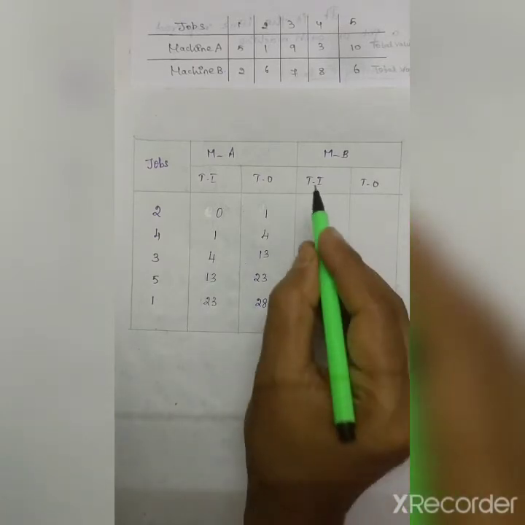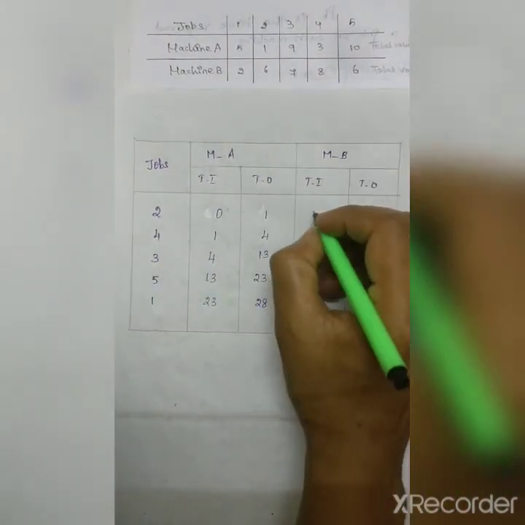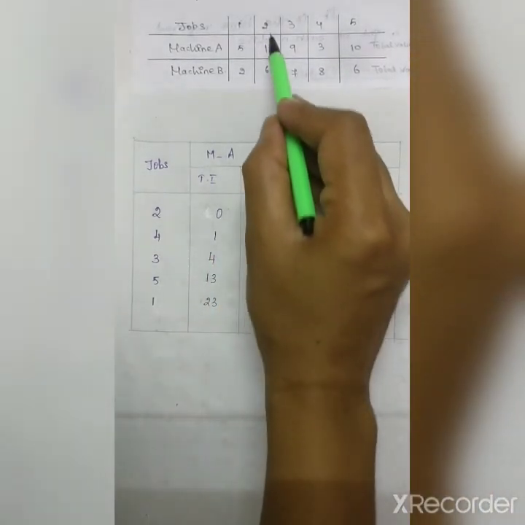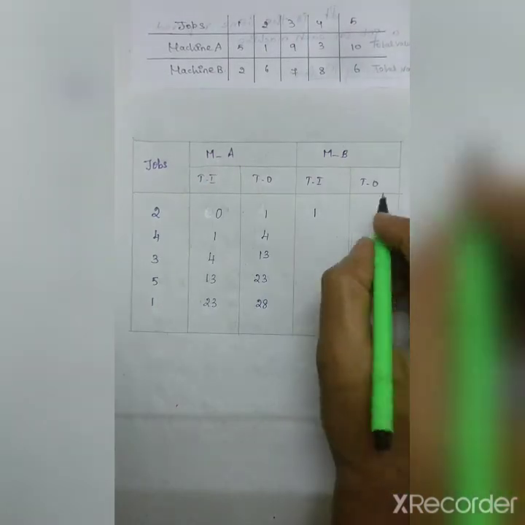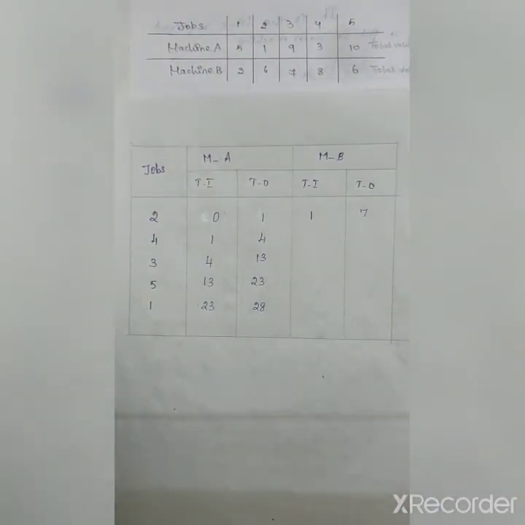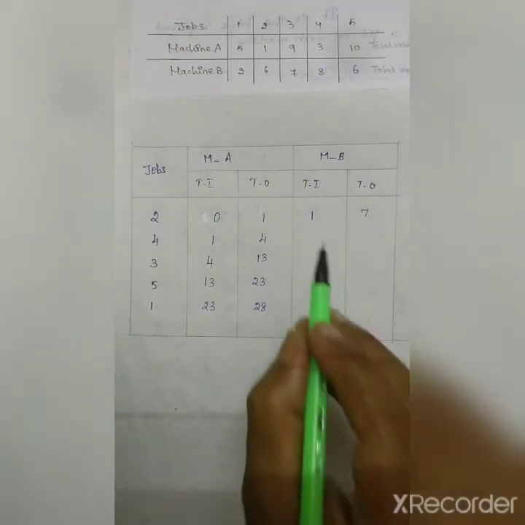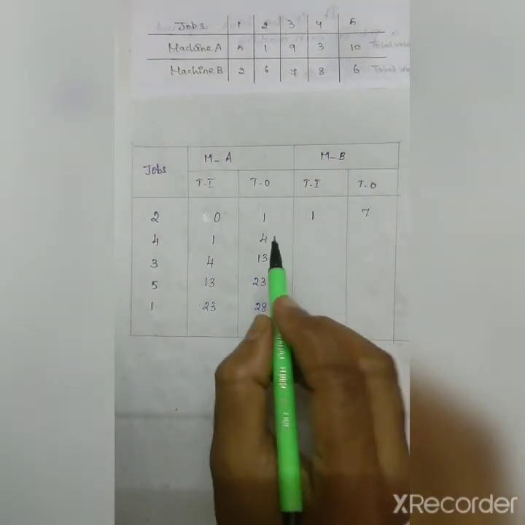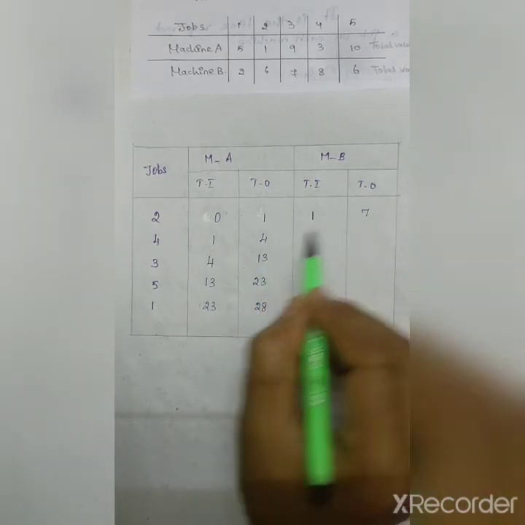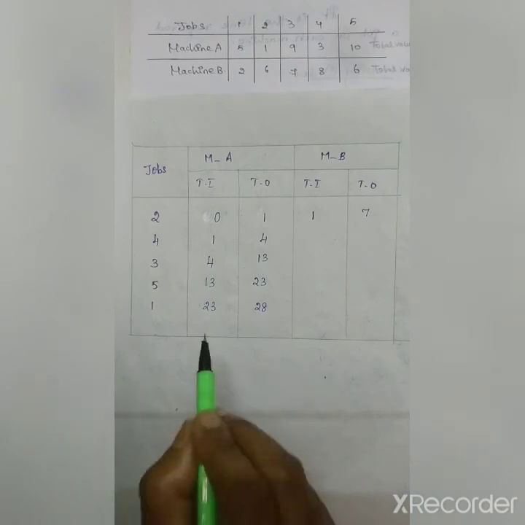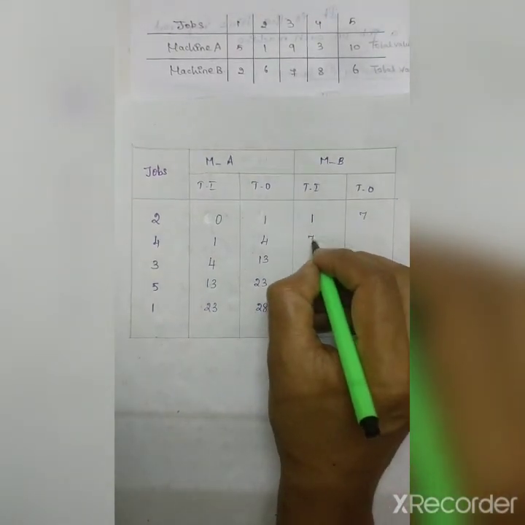Now the time in for job 2 is 1, so time out will be the processing time. For machine 2 the processing time is 6, so here you write 1 plus 6 is 7. For the next time in, comparing these two values, 4 and 7, the biggest one should appear here.